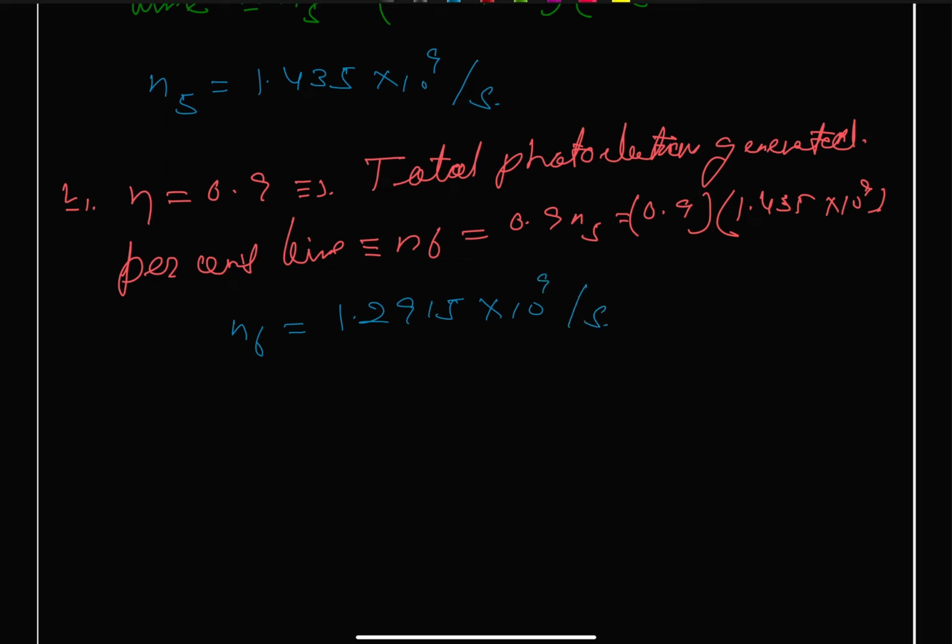Now finally we can find out the current. So we can say photoelectric current, photocurrent, will be equal to, let us suppose our I is equal to charge multiplied by number of photons, that is N6.